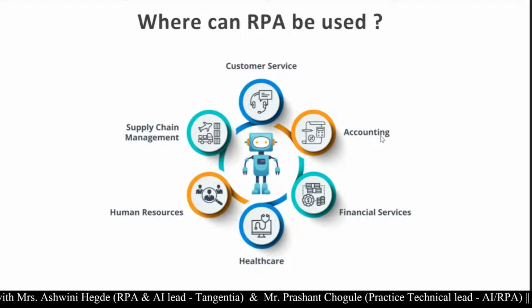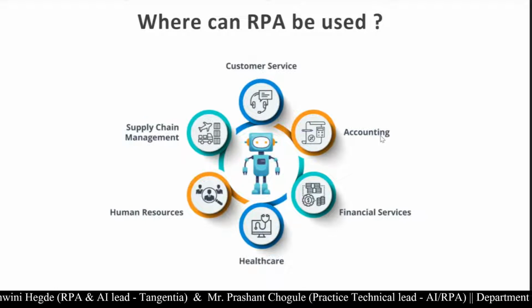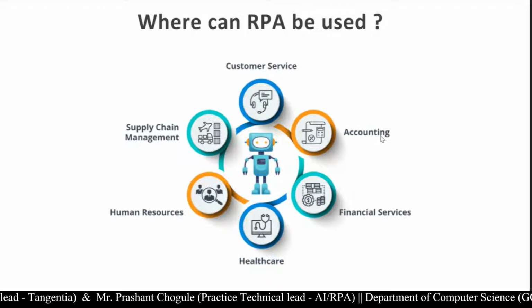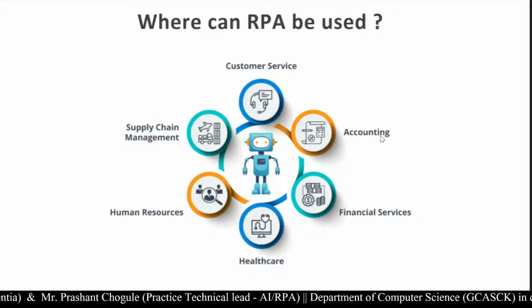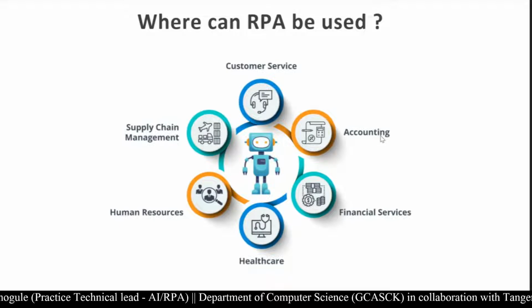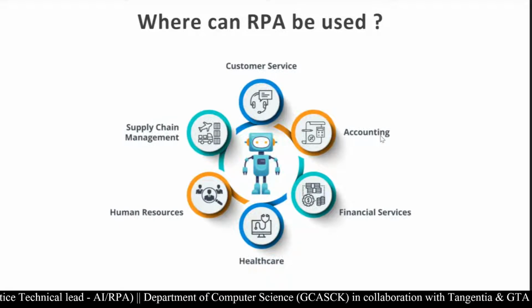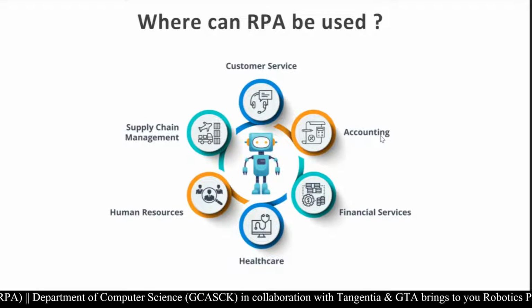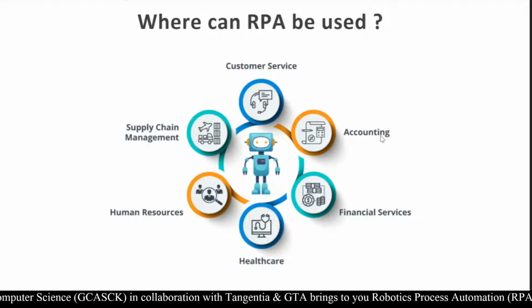Where you need RPA is, he has only 5 people, but he has to book 200 tickets, 500 tickets in a day with only those 5 people. Then you need RPA because the volume is huge. The cost for RPA probably is a little less than the cost of hiring more people, right? So that is where RPA can be used.